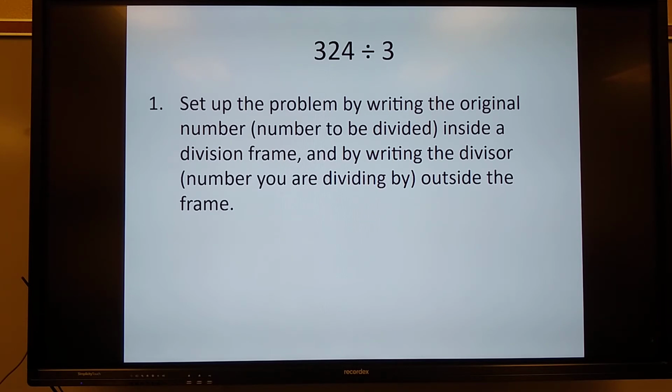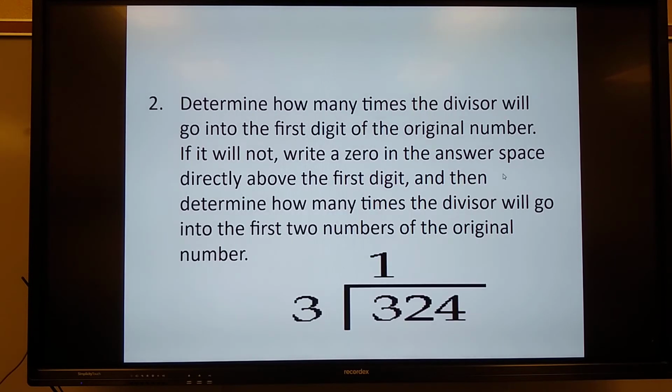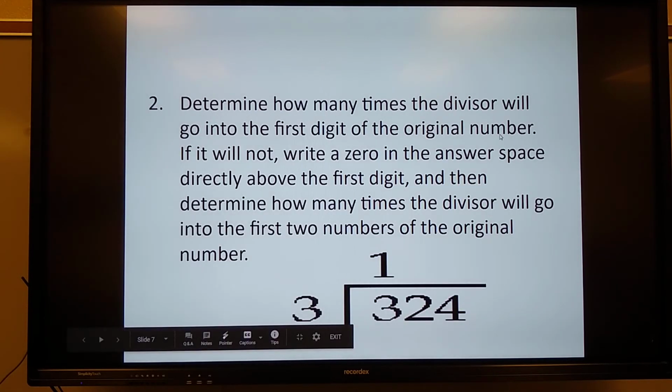Set up the problem by writing the original number, the number to be divided, inside a division frame, and by writing the divisor, the number you're dividing by, outside the frame. Like so, down here on the bottom. The dividend always goes inside the division frame. The divisor goes on the outside.